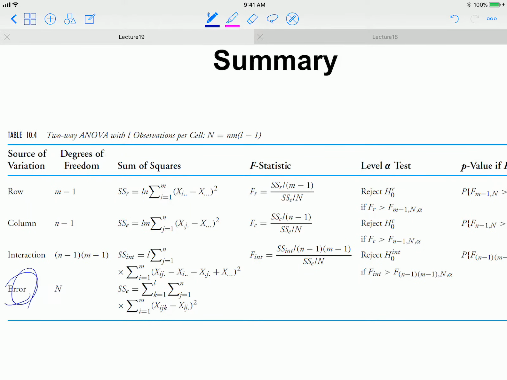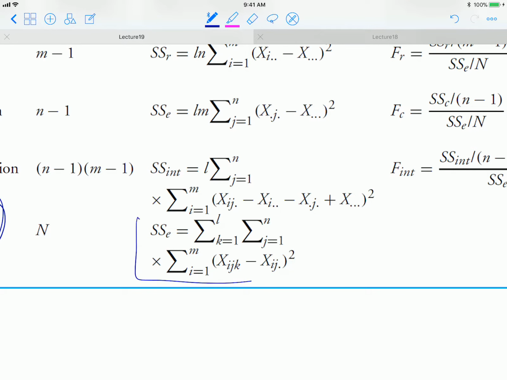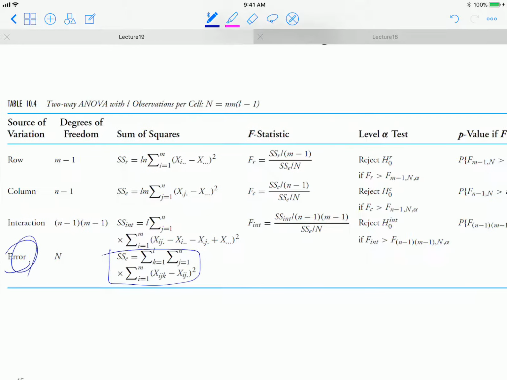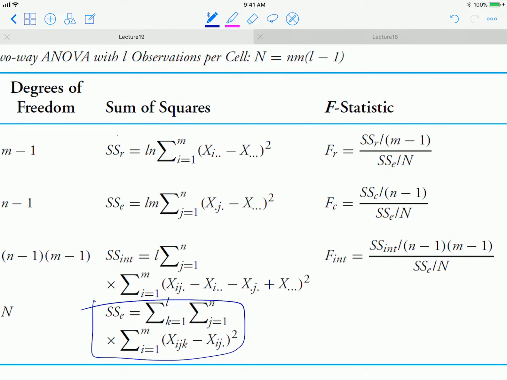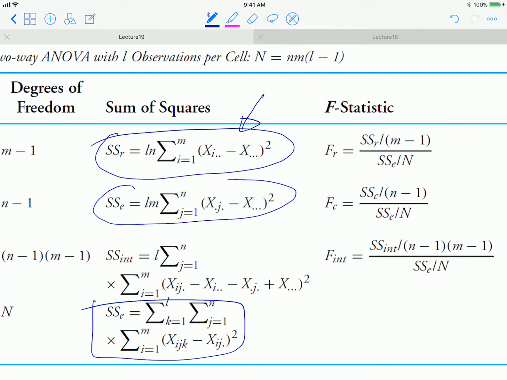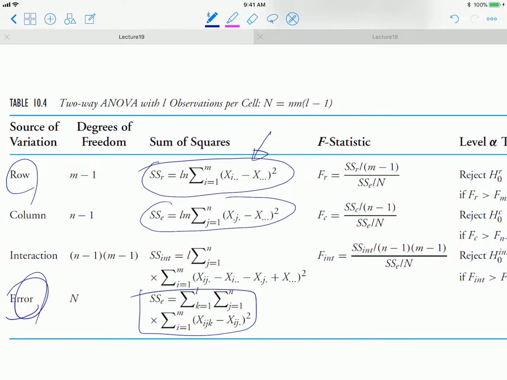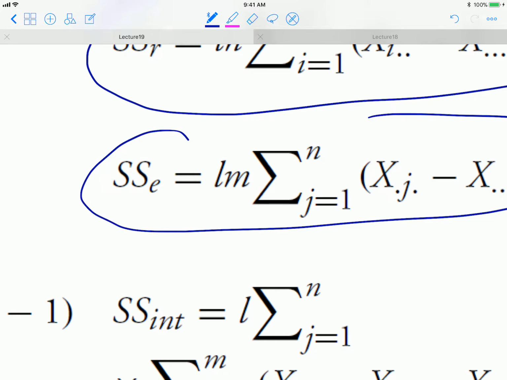So this error term is used for estimating the sigma squared regardless of any hypothesis, right? And then when testing the row-wise effect, in the numerator part, this term will be used, right? Then, oh, there is another typo.